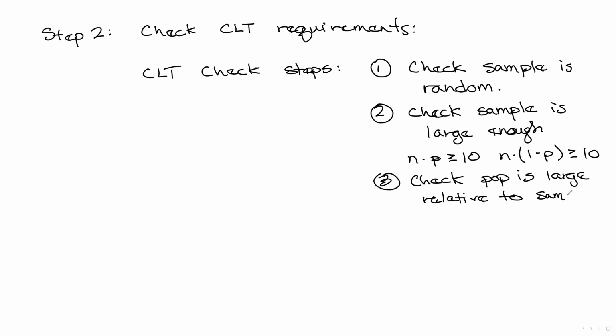So all this is covered in the central limit theorem material. But if you do N, which is the population size, is greater than or equal to 10 times little n, which is the sample size. All right. Oh, and then there's actually a 4th step I forgot. This is not in the central limit theorem section, well, I think it includes it in step 1, but they want you to check that outcomes are independent.